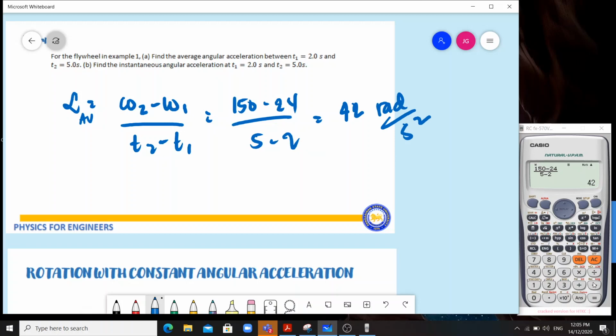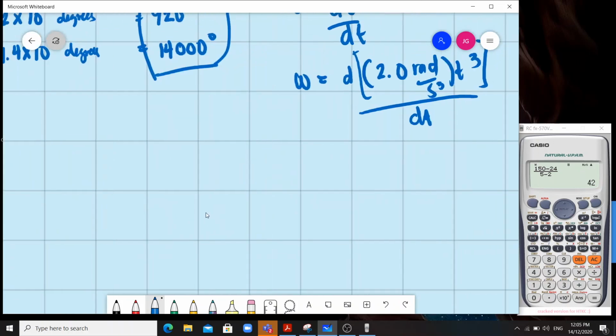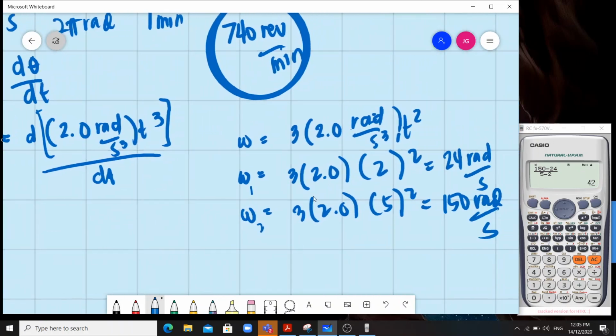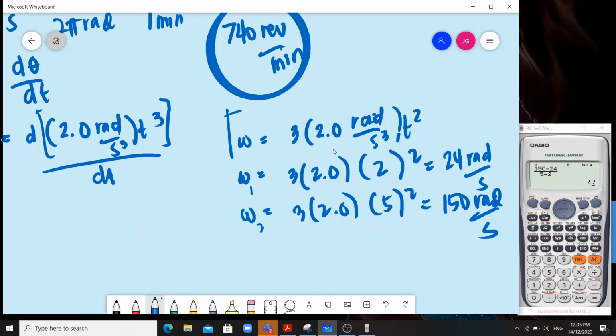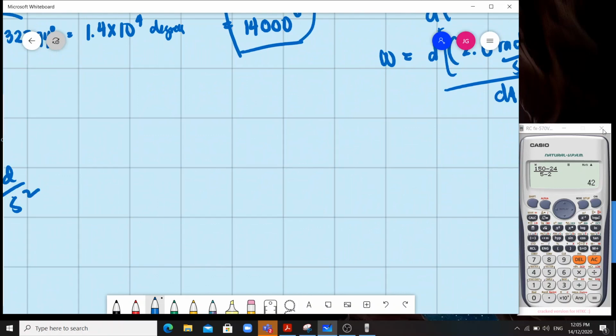Okay? And then, find the instantaneous angular acceleration. So, instantaneous naman, 'di ba? d omega over dt. We got that earlier, 'di ba? The formula for omega is this one, so we derive it again.